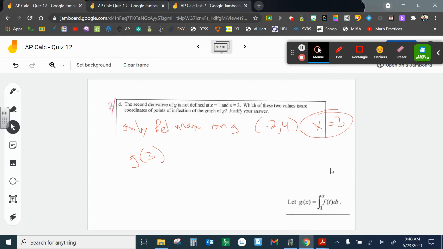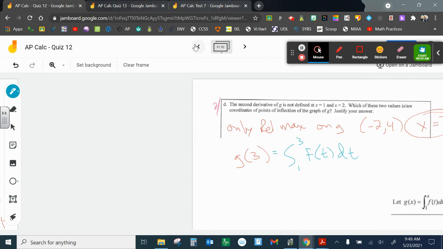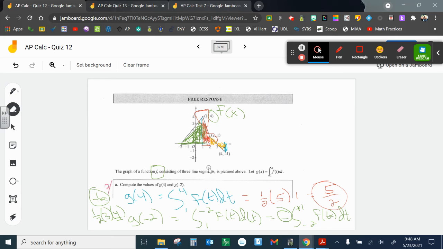But I do. So now what I would do is G of 3 is just equal to the integral from 1 to 3 of f of t dt, and now all I'm doing is coming back to the graph and finding that area. So G of 3 is the area under the curve between 1 and 3, and I found between 1 and 4 before.